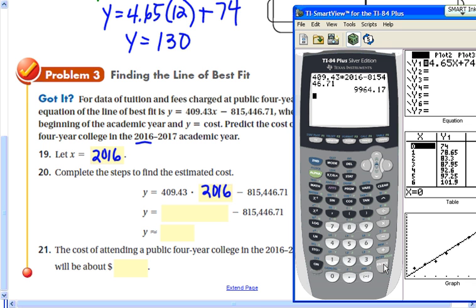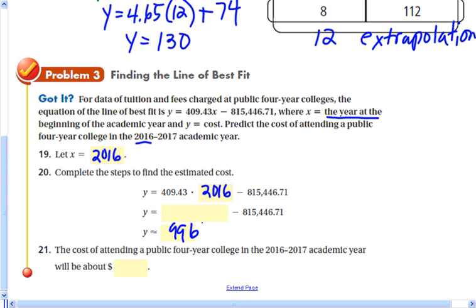So it's predicting about 9964 for the cost. And since it's just a prediction, we're going to round it. You could probably say it's about $10,000 for a 4-year college in that year, which I think is going to be a little bit low.